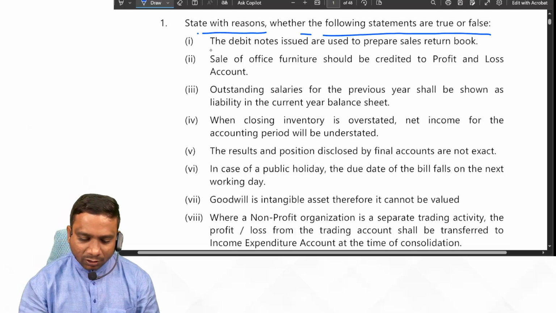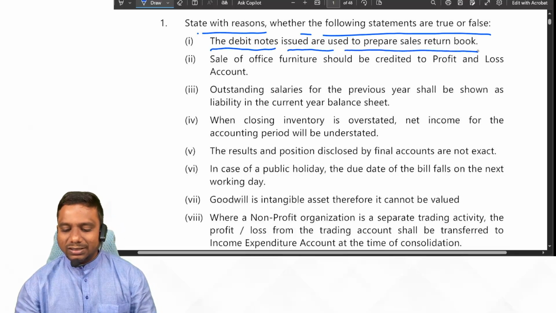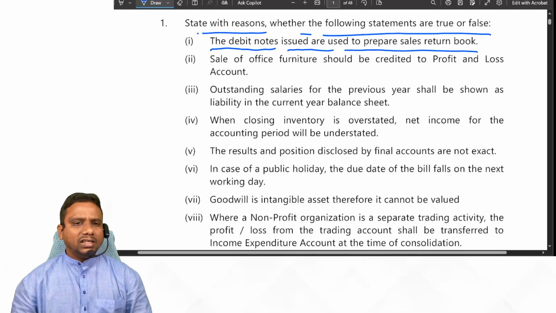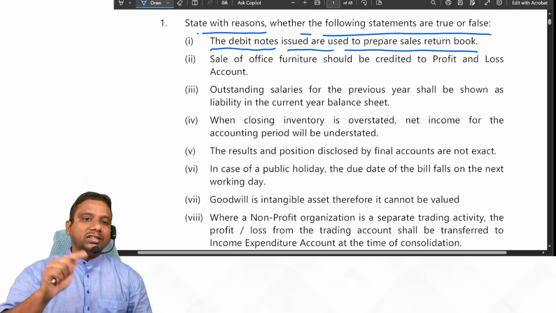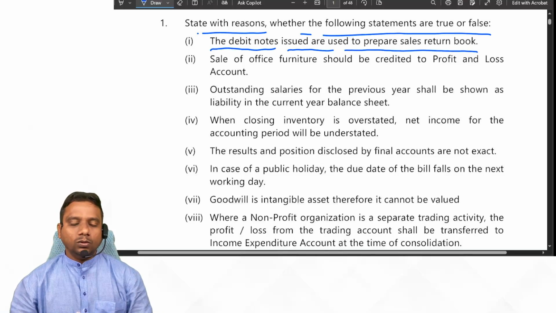Okay, first one: the debit notes issued are used to prepare the sales returns book. Generally, whenever a customer returns goods, the customer will send a debit note. After receipt of goods and the debit note, the supplier will send a credit note to the customer. Both notes will contain the same information.